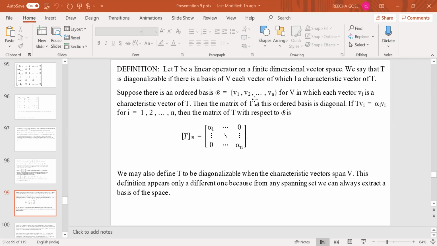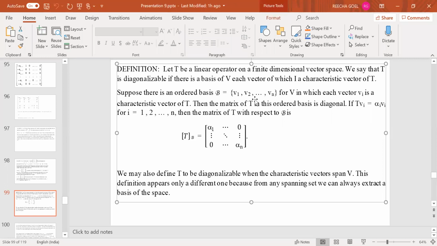I can express T of V1 as alpha 1 V1, T of V2 as alpha 2 V2, T of V3 as alpha 3 V3, and so on up to T of Vn as alpha n Vn. And if I write this in the form of a matrix, what is the matrix of T related to this base B? It is nothing but alpha 1, 0, 0, 0, alpha 2, 0, 0, and 0 alpha n.